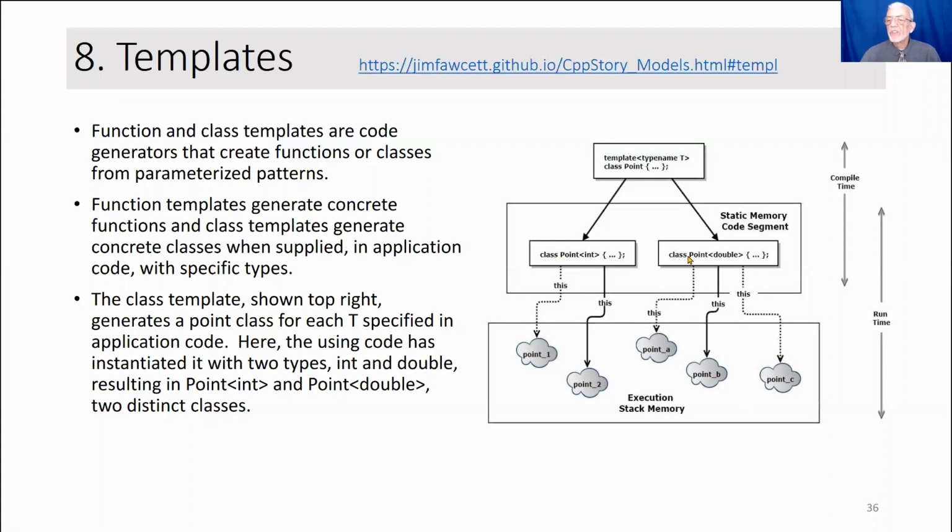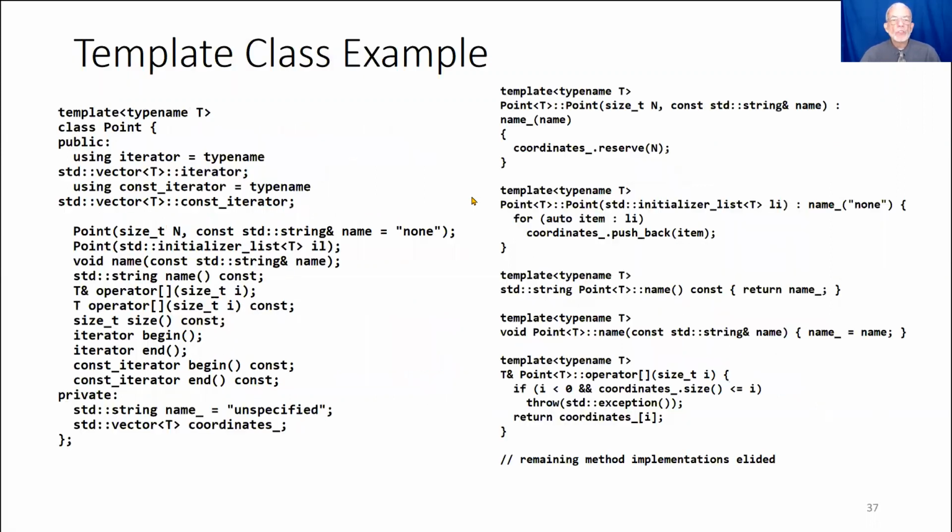And similarly, the static in point double shares with all the instances of the point double class, but it doesn't share them with point int. Okay, so we have a code generator that application code caused to generate two separate classes, and we can create points with those.